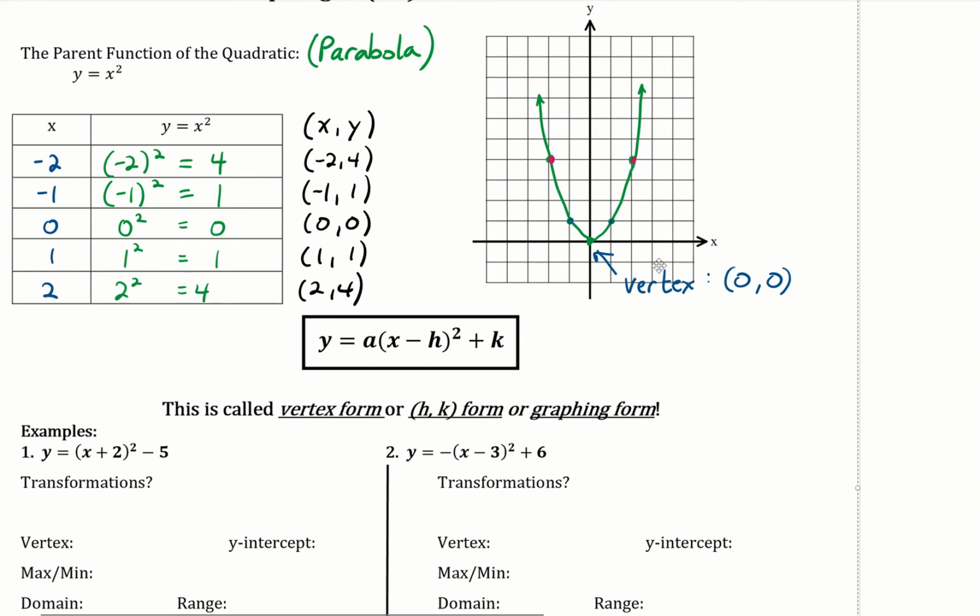One of the other important characteristics that you're going to be asked about is the axis of symmetry. The axis of symmetry is an imaginary vertical line that divides the parabola into 2 equal halves. So in this case, it's going to be this vertical line that goes right through our vertex.